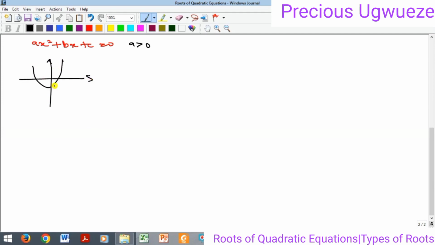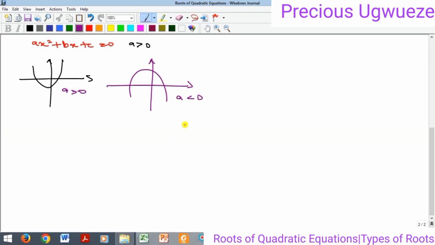For you to have a u curve, then your a must be greater than 0. Now if you have an n curve, then it means your a is less than 0. Meaning if you have a negative coefficient of x squared, then you're going to have an n curve.